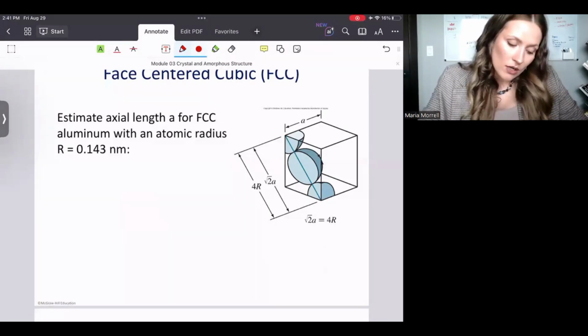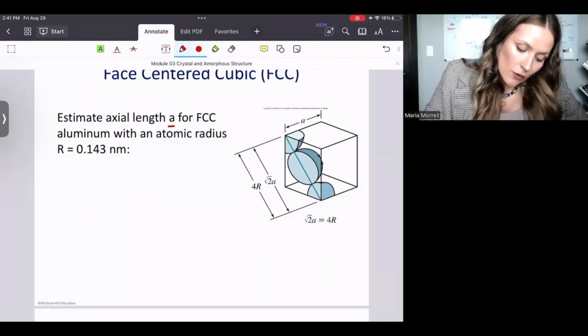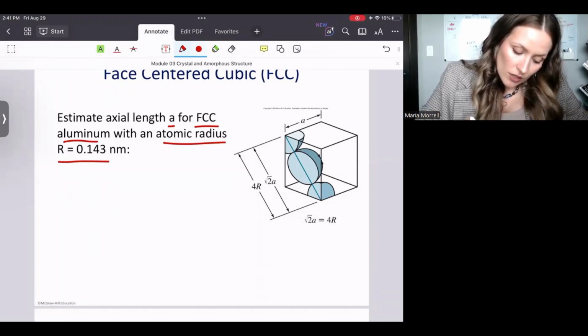So we are asked to estimate the axial length A for FCC aluminum with an atomic radius, and here's your atomic radius, okay? Well, I already know using this relationship that my A is equal to 4 radius divided by the square root of 2.